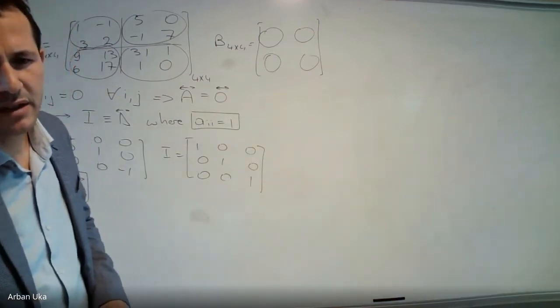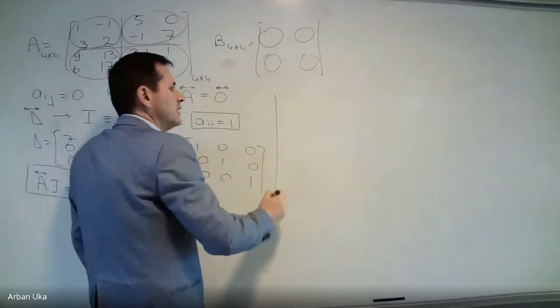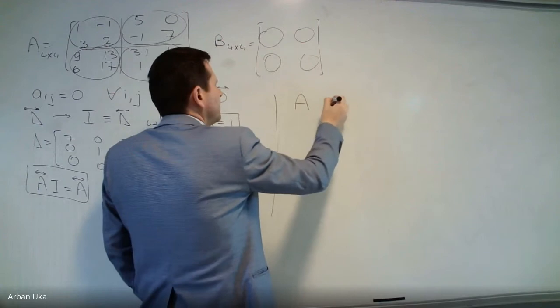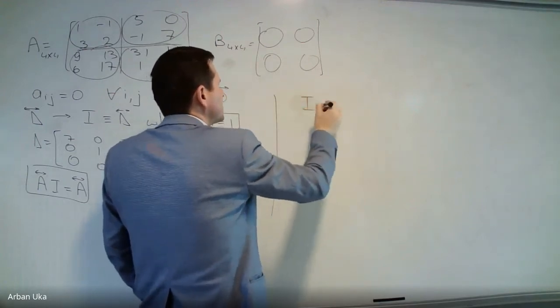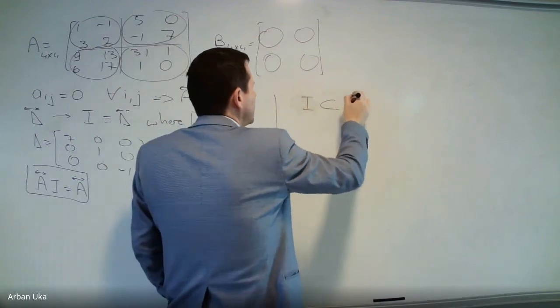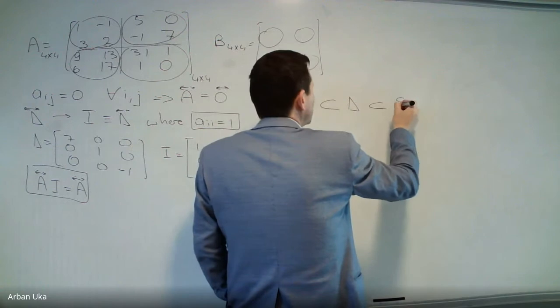And the identity matrices are square matrices. Actually, if we talk about subsets, we can state that the identity matrix is a subset of diagonal matrices, and a diagonal matrix is a subset of square matrices.